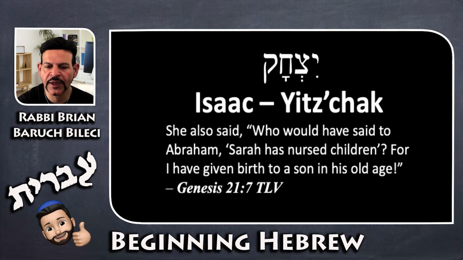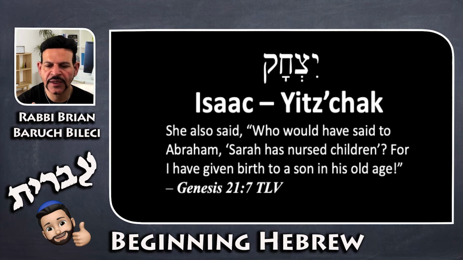So the hirik underneath the letter Yud ensures that the Yud is not a vowel but a consonant. So it's Y-I. And then Tzaddi is the T-Z, but it has a noisy S sound, as in mitzvah. Yitz. It's coming to a glottal stop.